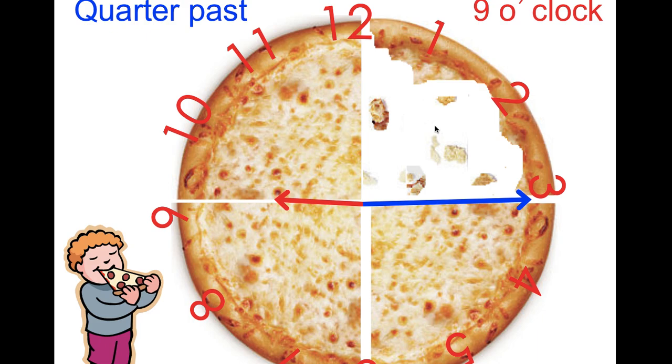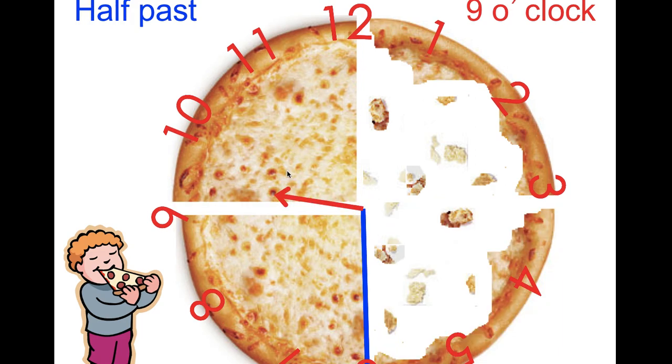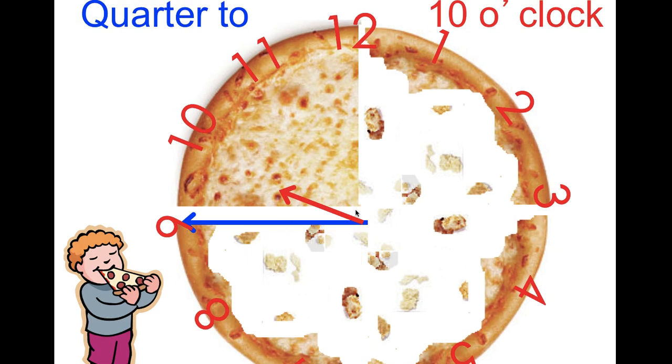So we would say quarter past 9. At 9:30, a whole half of the pizza is gone. So we would say half past 9. And then at 9:45, there's only 1/4 left until it becomes 10 o'clock. So we would say quarter to 10.